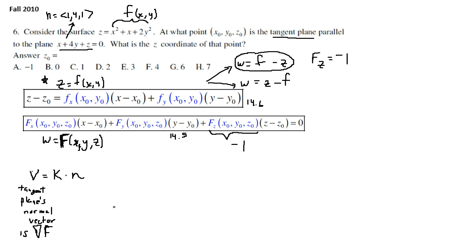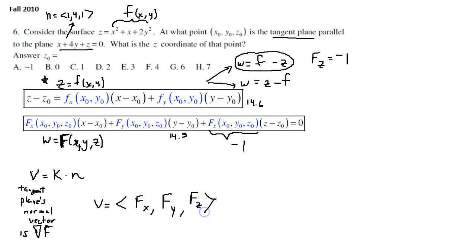And so we can find out, well, what's the constant need to be? And so v is the capital F sub x and capital F sub y and capital F sub z.